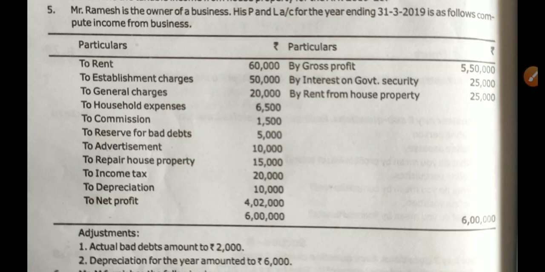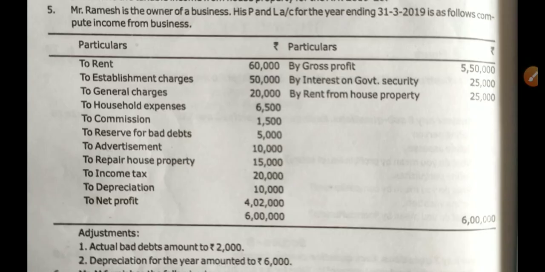of business income. In order to solve problems on income from business, you should understand the profit and loss account. Under the debit side of the profit and loss account, expenses are recorded, and under the credit side, incomes are recorded. If any business expense is recorded on the debit side, just ignore it.